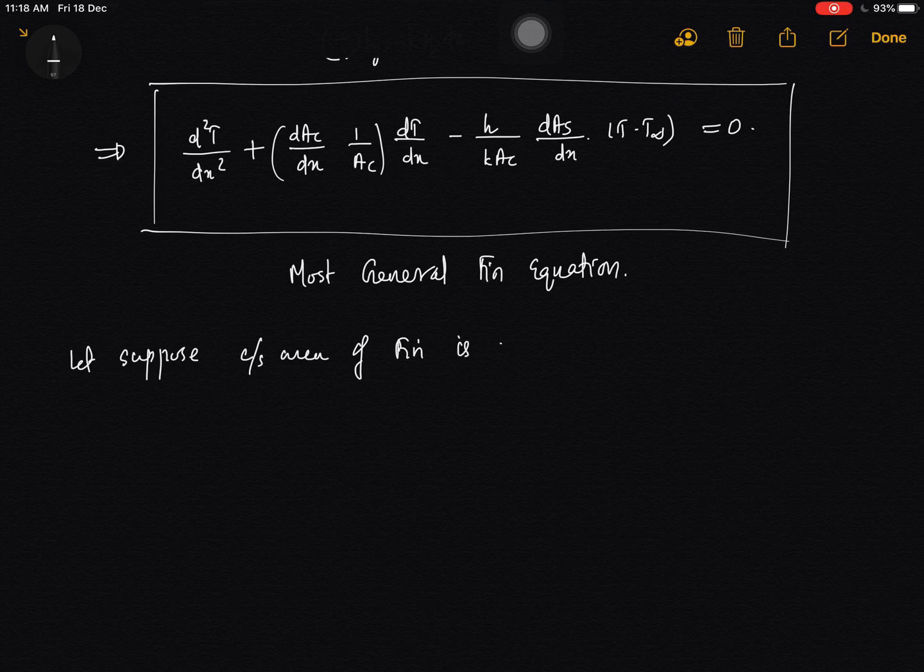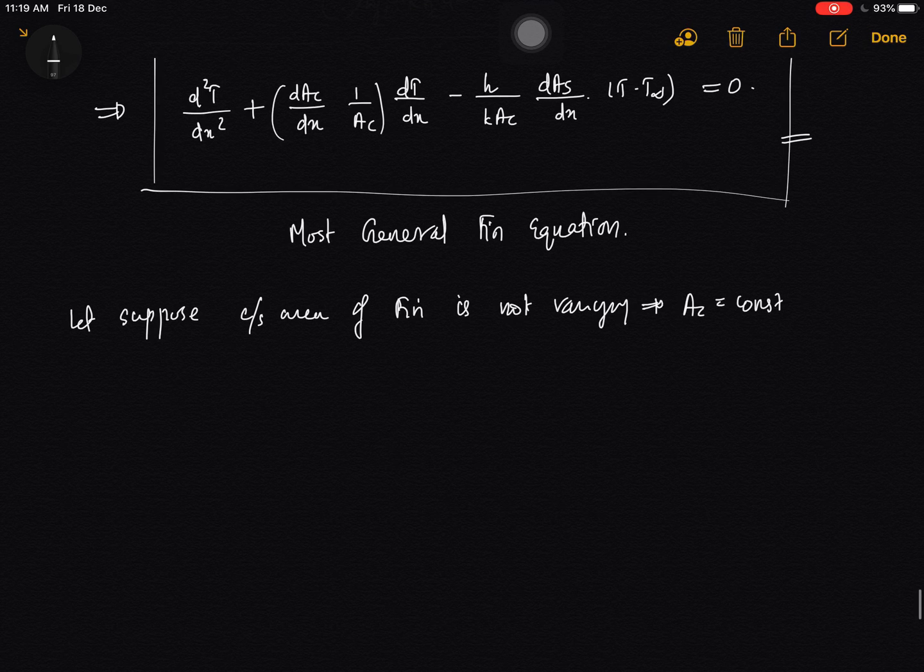Now let's suppose the cross-sectional area of the fin is not varying, that is, Ac is constant. In this equation we have considered a tapered fin in which the area of cross section is varying.